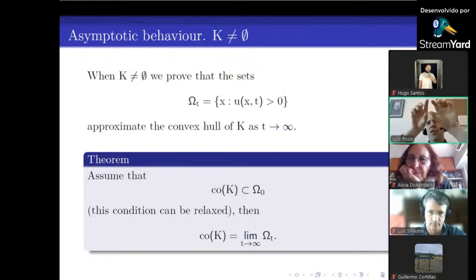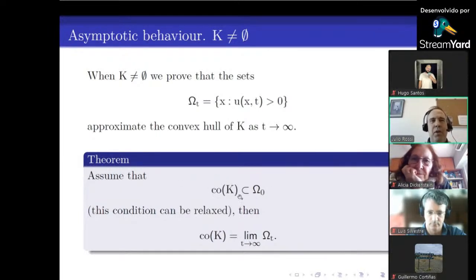If it is disconnected, you will never get the tube in between. So you want something that prevents you from disconnecting the two sets. This is a simple condition that prevents that.